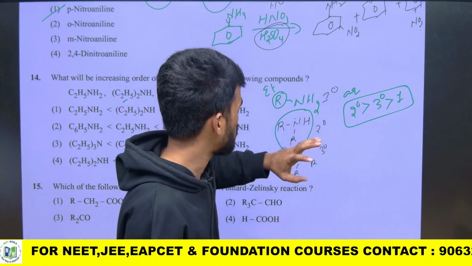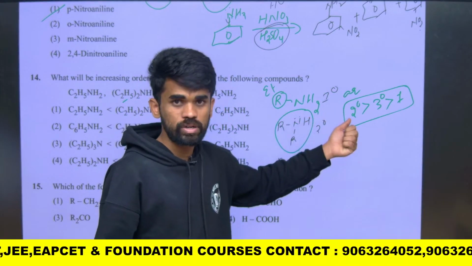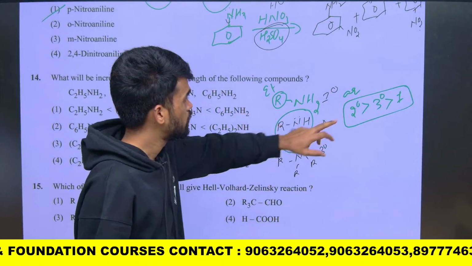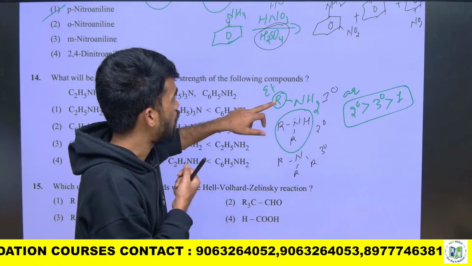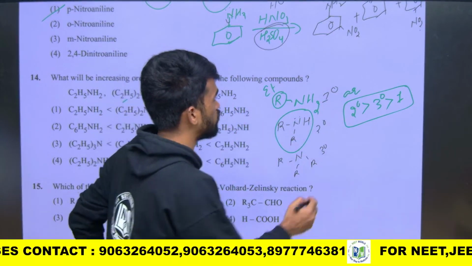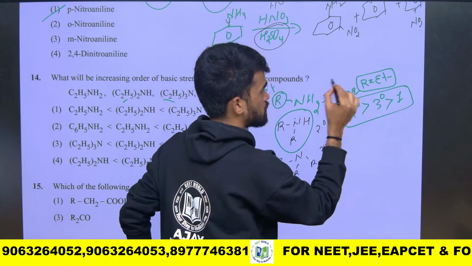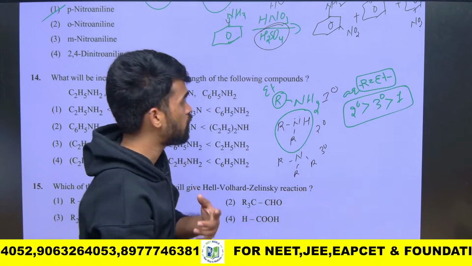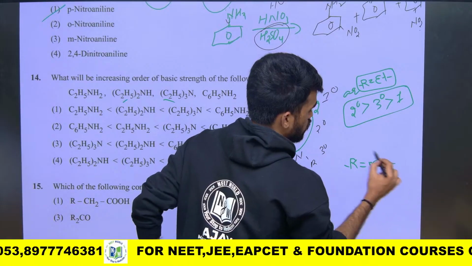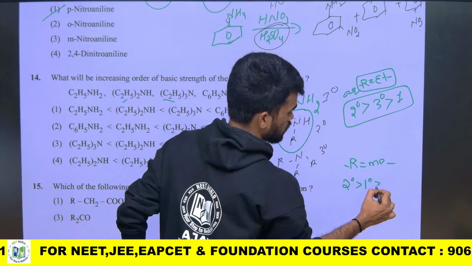So by considering two factors, the secondary amine is more basic. Out of primary and tertiary, tertiary is more basic when the alkyl groups are ethyl. So this order works only when R is ethyl. I hope this is clear. Now if R is methyl, what is the order? If R is methyl, we will get 2, 1, 3 as the order.